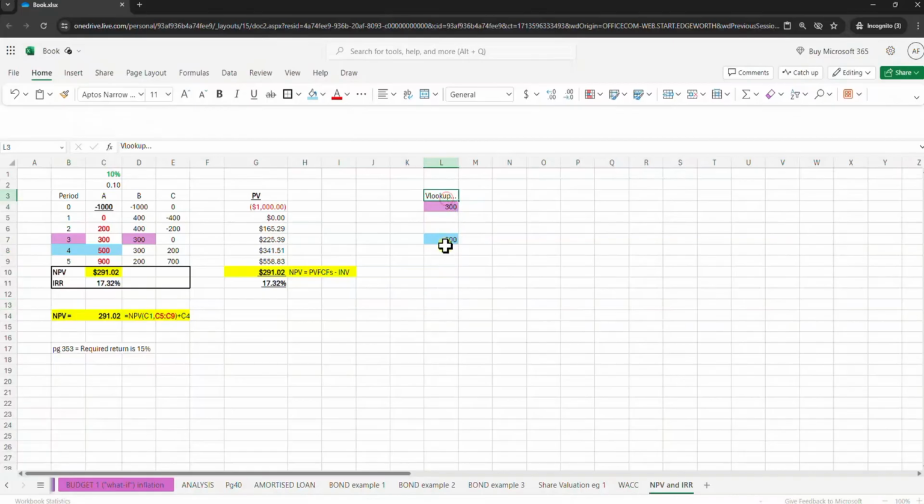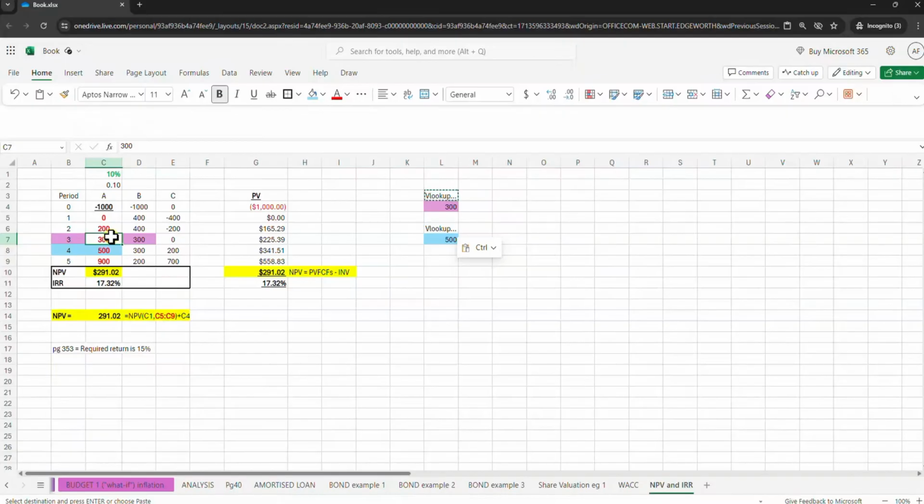So VLOOKUP is just a function that can help you find important data in a massive set of data. This is a very small set of data, but if you had a massive set of data, maybe I'm looking for a student name and their corresponding mark for a specific subject, then I can just call that.